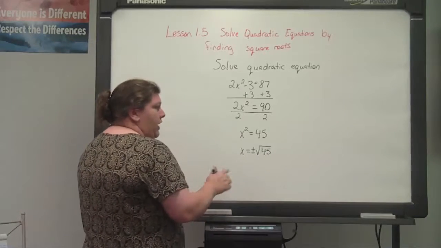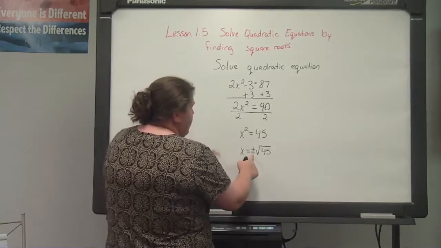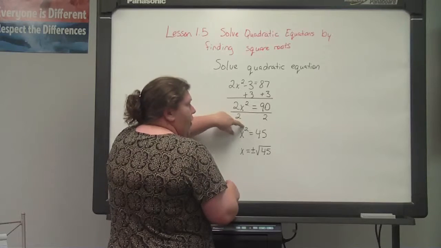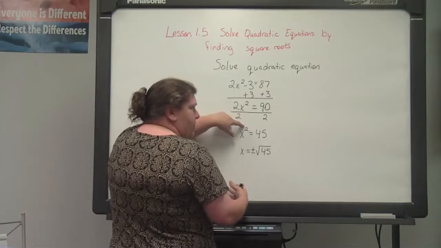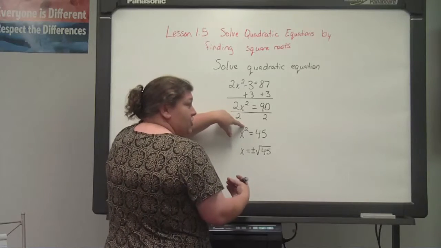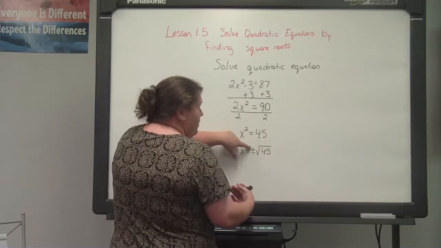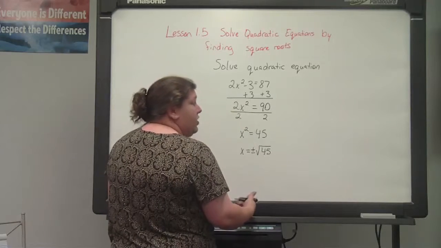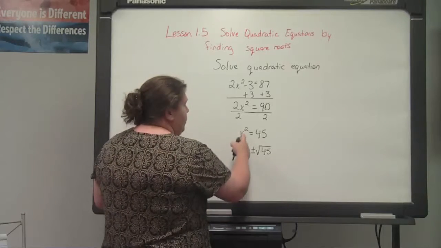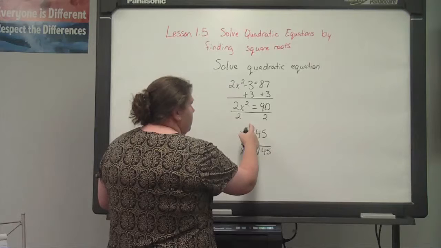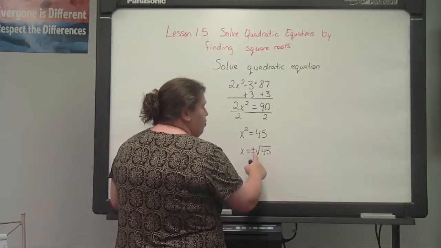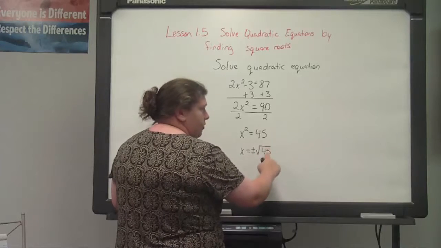The reason it is a plus or minus is because anytime you have an even exponent, a negative number times a negative number gives you a positive number, and a positive number times a positive number still gives you a positive number. So anytime you are trying to cancel out a square, you have to do a plus or a minus of the number.